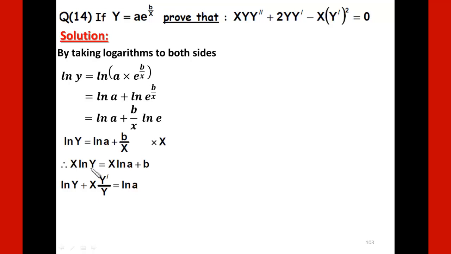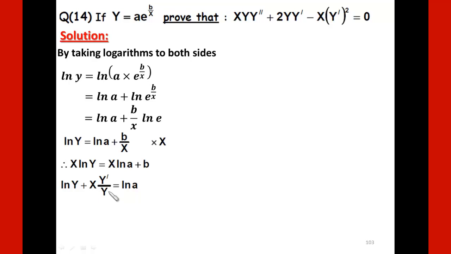So the differentiation of x is 1 multiply ln y. We write 1 multiply ln y plus x multiply the derivative of ln y, which is y dash over y, because the differentiation here is with respect to x.